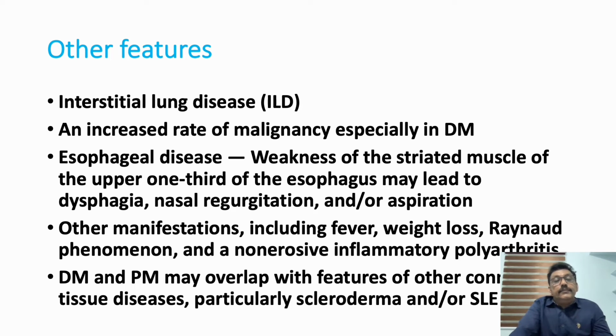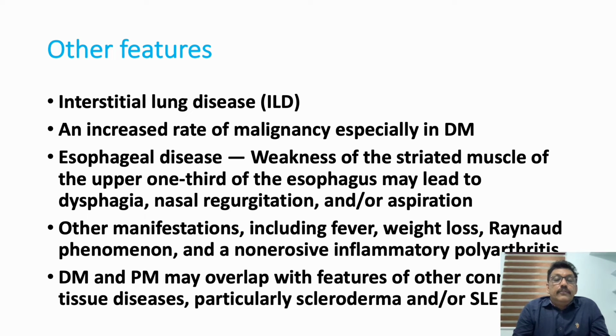Other associated features with dermatomyositis: interstitial lung disease can be there in patients who have SLE or scleroderma, who have polymyositis or dermatomyositis. Malignancies are associated with dermatomyositis. Esophageal dysfunction can be seen in many patients.